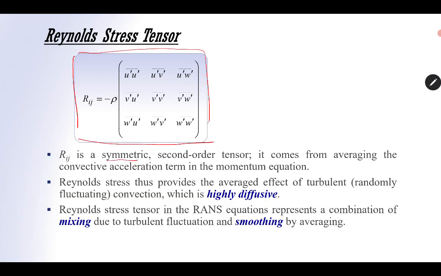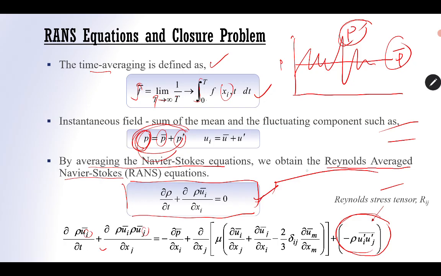It is a symmetric, second order tensor, and comes from averaging the convective acceleration in the momentum equation from the previous equation, and the expanding of the equation.